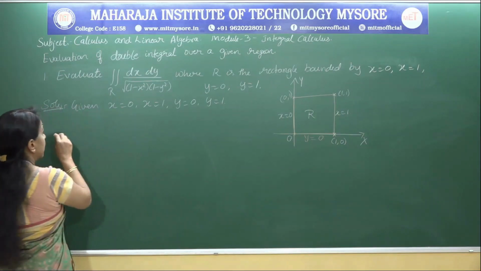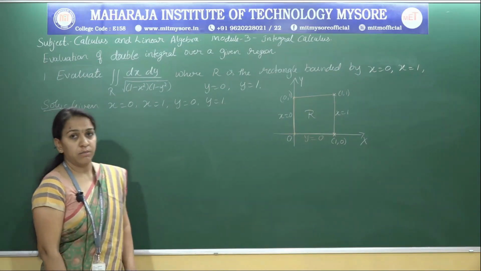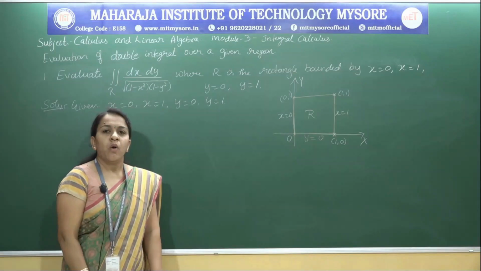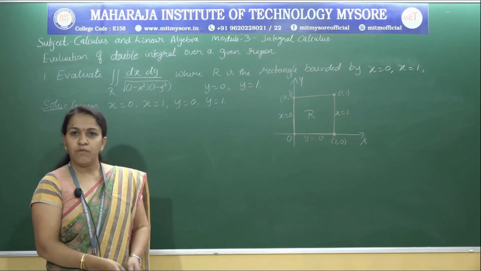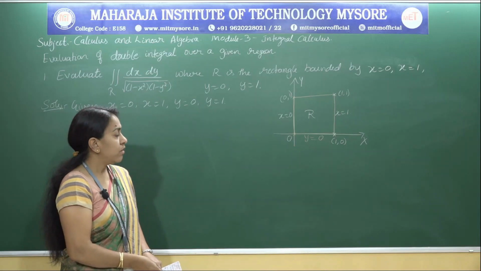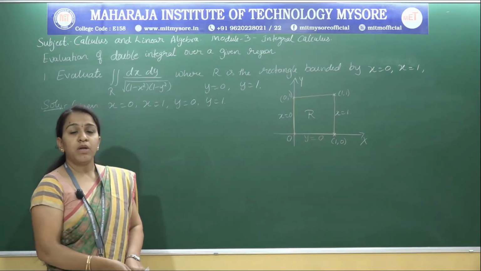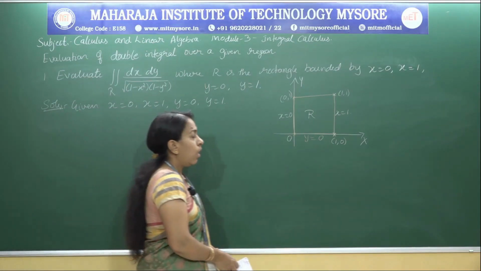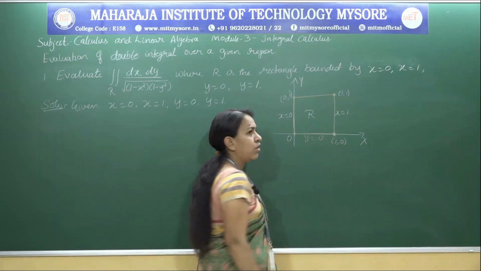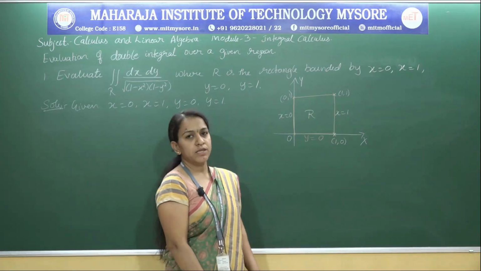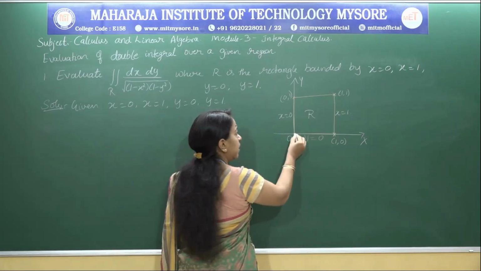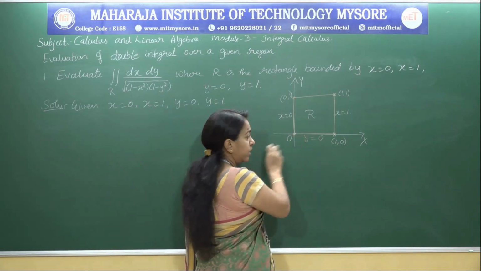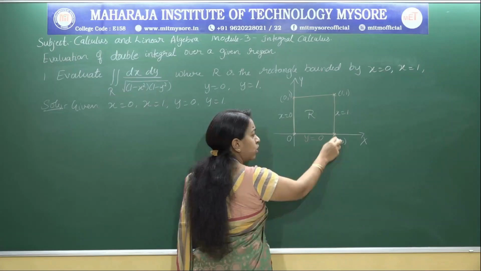So in this region we should evaluate the given double integral. Before going to consider the given double integral, we should know what is the limit of x and y to evaluate the double integral, right. So we should consider the limit of x on x axis. We always consider the limit of x on x axis, that is x varies from 0 to 1.